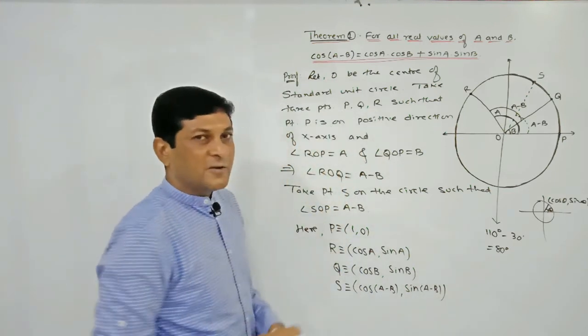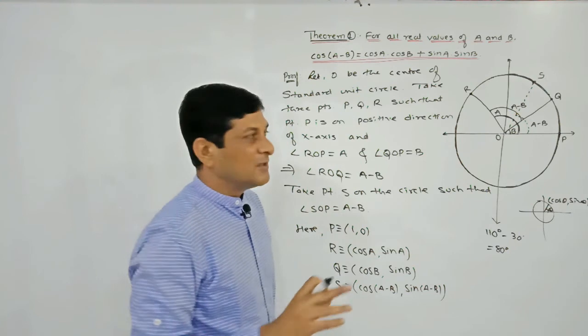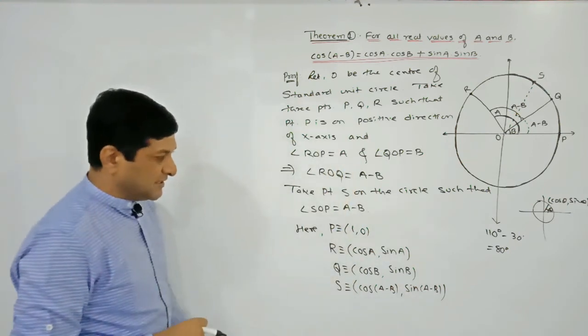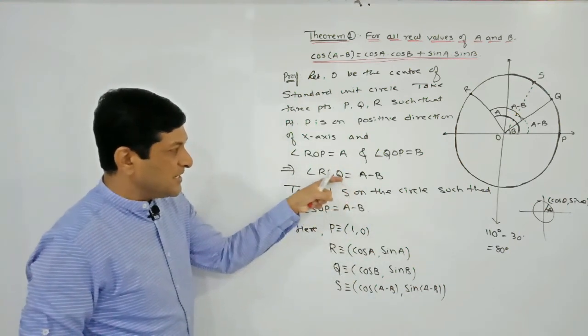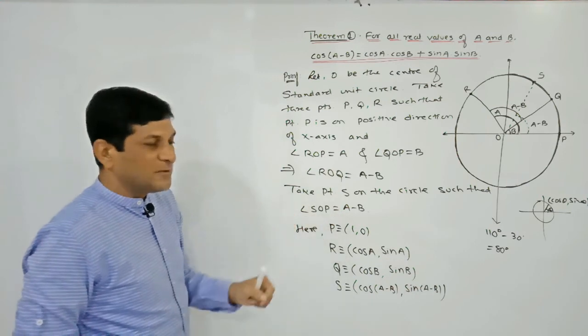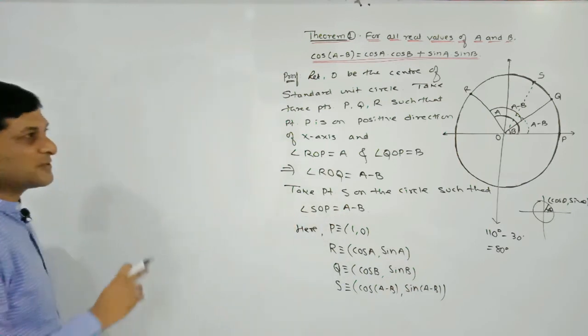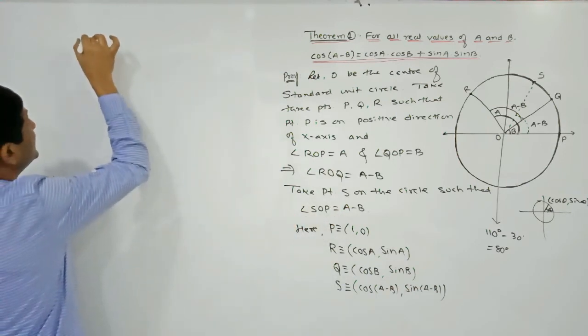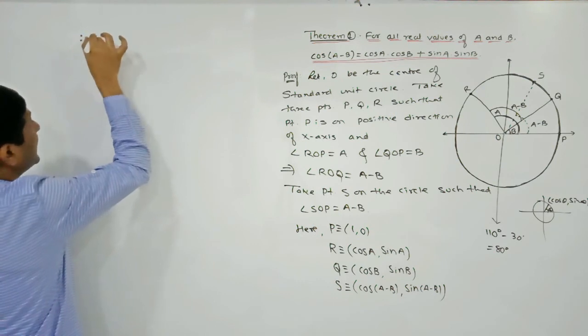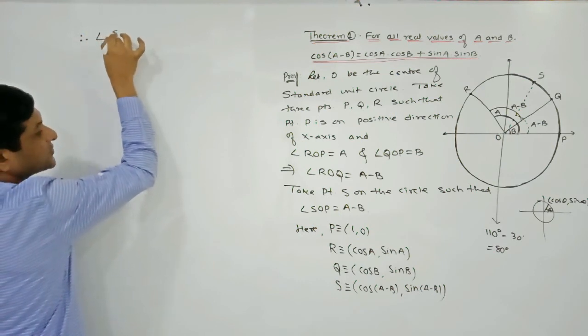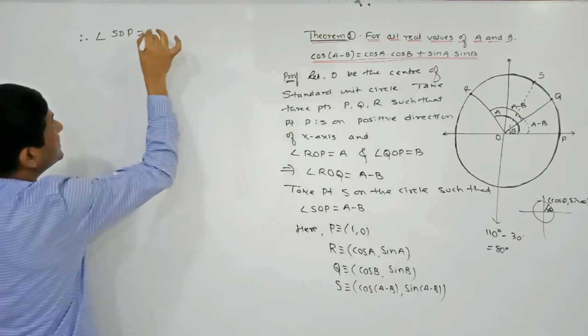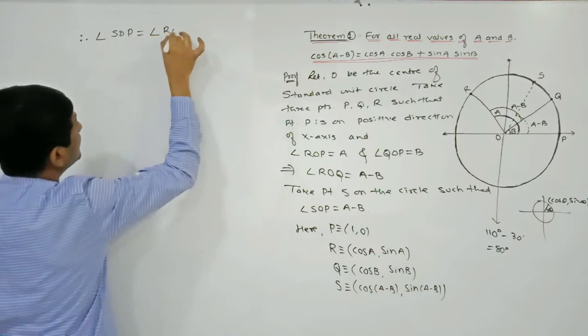Once the coordinates of these points are known to us, now observe the figure very carefully. Here which two angles are A minus B? Angle ROQ is equal to A minus B and angle SOP is also equal to A minus B. So we can say that angle SOP is equal to angle ROQ.